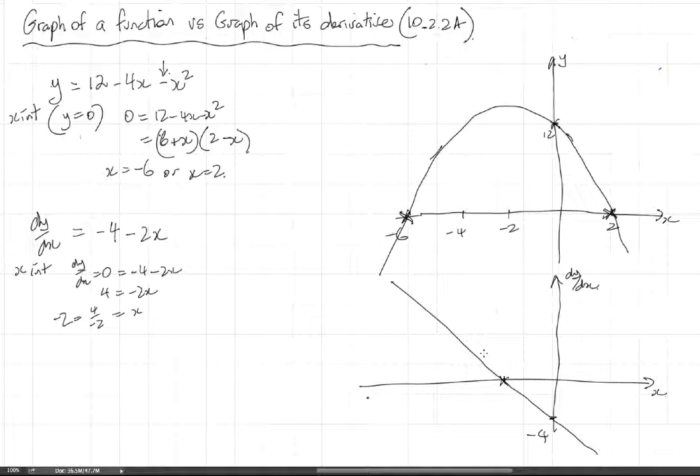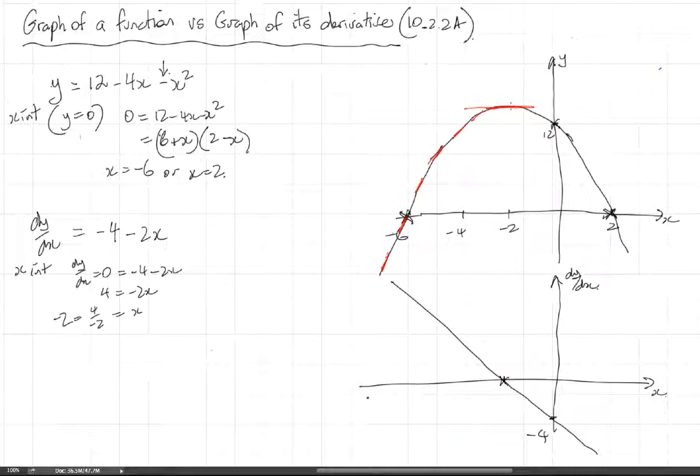Okay, so how do these all line up? If we look at our function up above, you can see that the gradient of the tangents is starting to slow down. It's quite steep, not as steep, getting less steep, until it gets up to the very top here.